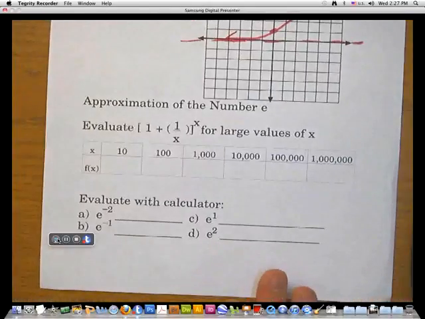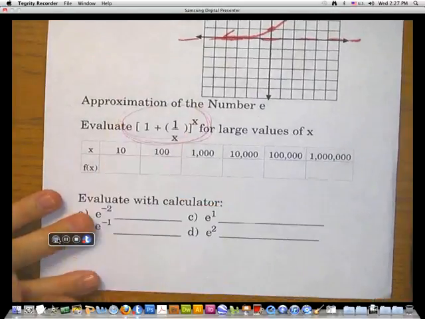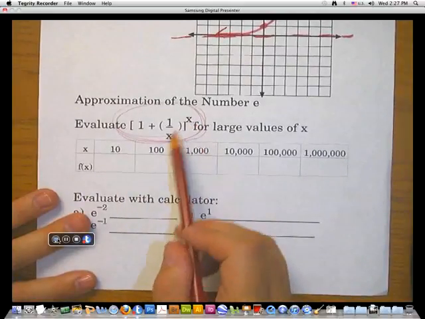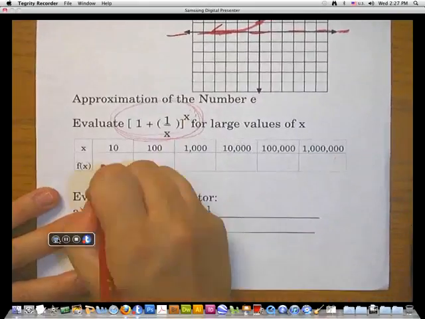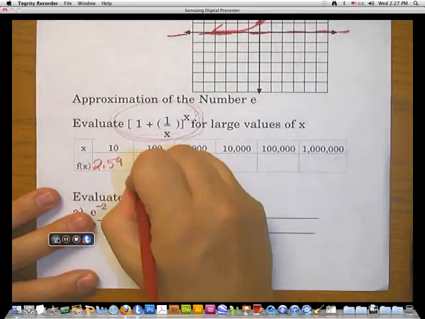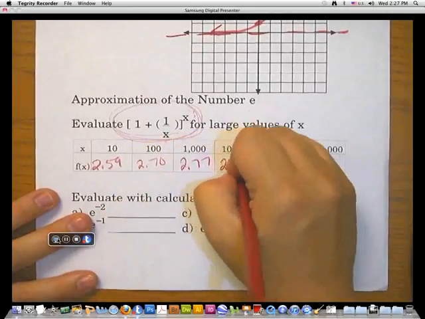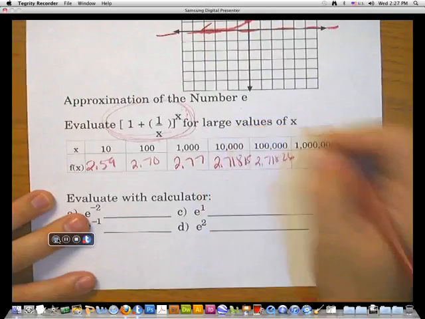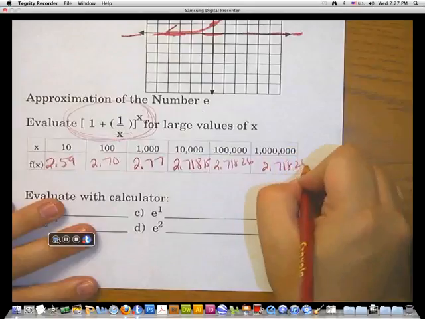The way that this number came about, it came about from this formula. So if I put 10 in, then 100, and then 1,000, and 10,000, 100,000, a million, you get these numbers: 2.59, 2.70, 2.77, 2.718, 2.71826, 2.71828.